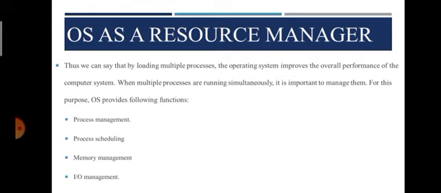So in order to avoid that, there are different functions in the way the operating system manages them. Here are the functions: process management, process scheduling, memory management, and IO management. These are the four functions with which the operating system helps to manage the different jobs at the same time.